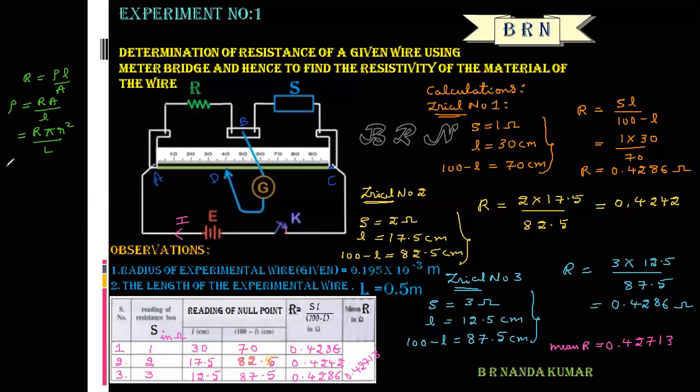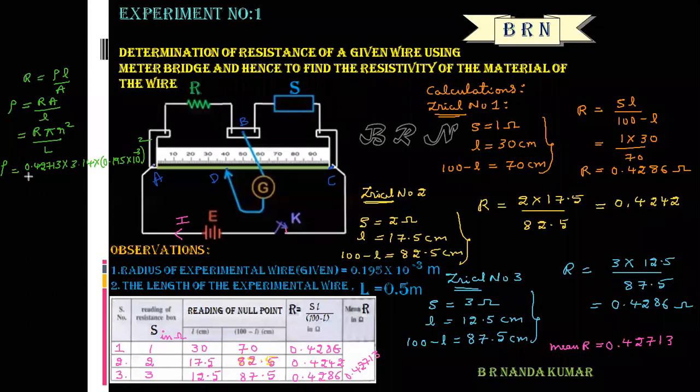So, rho is equal to R, which is 0.42713, into pi, which is 3.14, into the radius, that is 0.195 into 10 power minus 3, whole square.